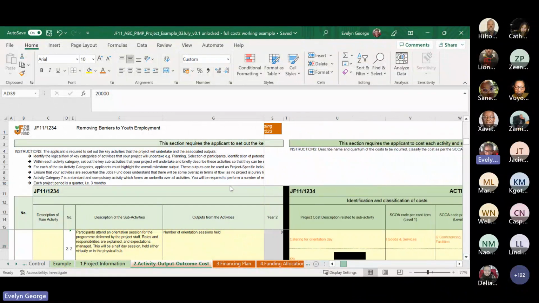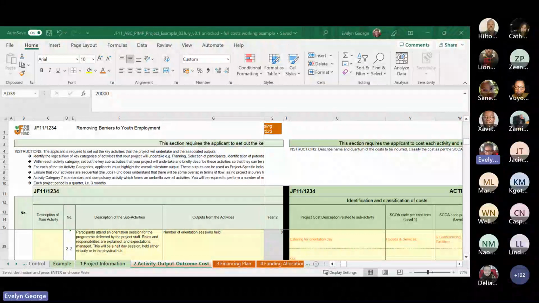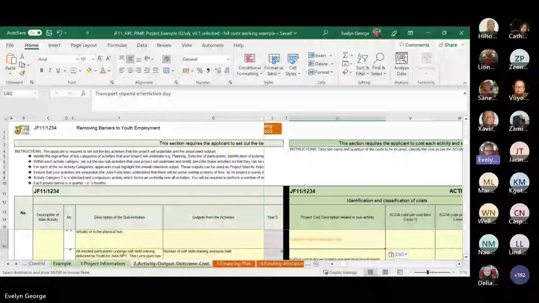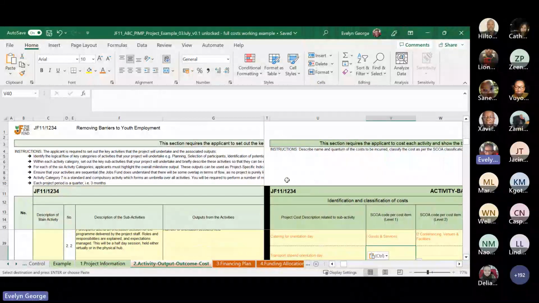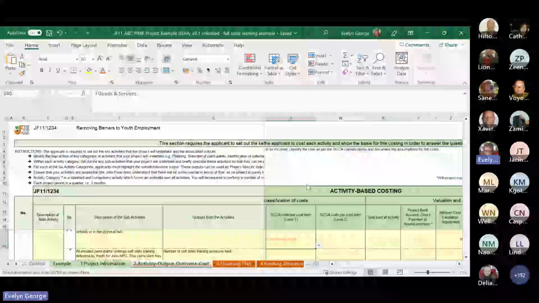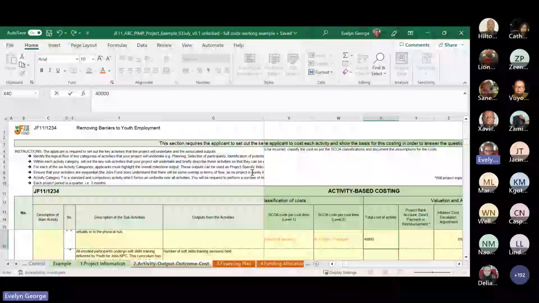So we move on then, and like I mentioned, the transport stipend. So I will focus on that, the transport stipend for the orientation day. We select goods and services, and we sub-classify as transport, and there it's 40,000.